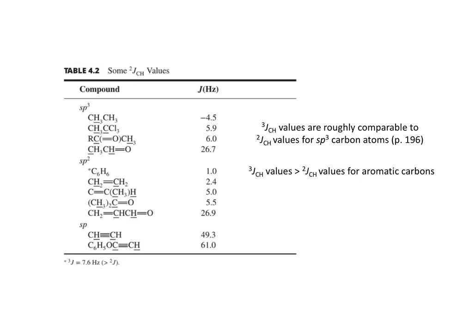This table from the textbook focuses primarily on two-bond carbon-hydrogen coupling constants, but the three-bond carbon-hydrogen coupling constants are similar in magnitude. These are in table 4.2 of the textbook.